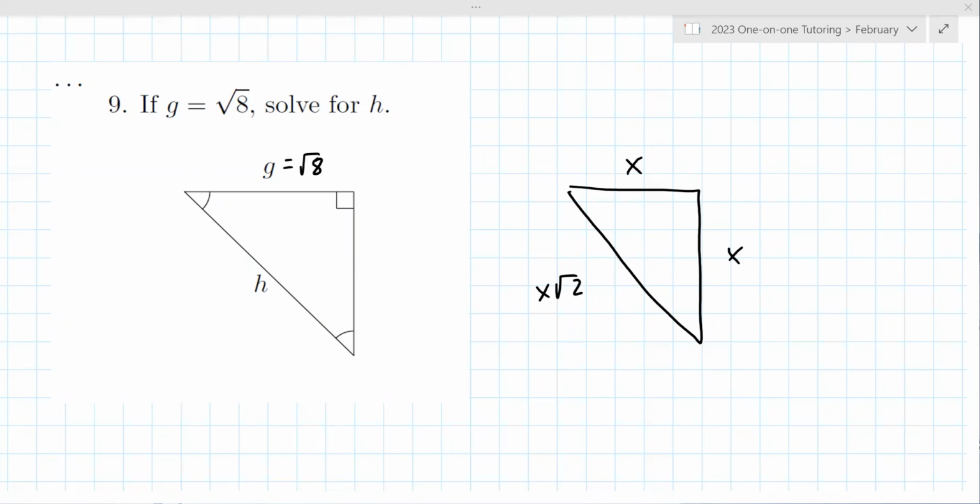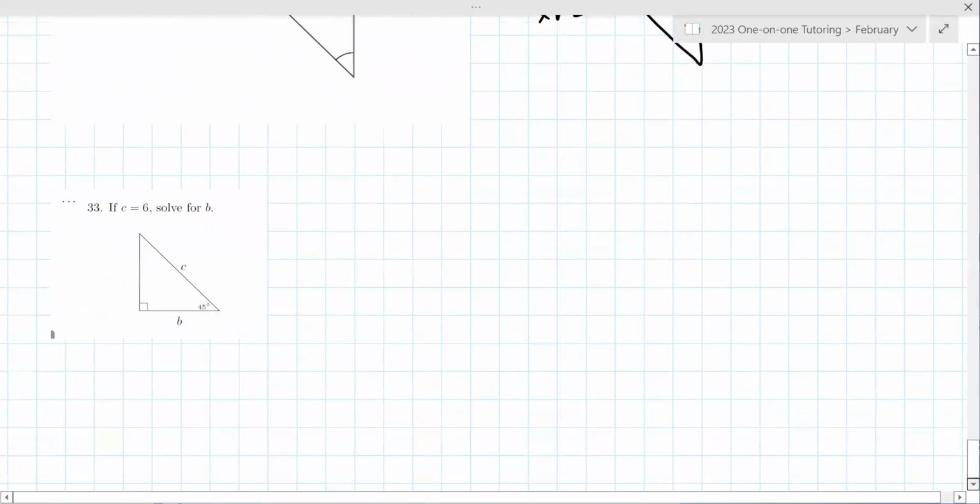Okay, so go in the other direction. This one I think is the harder one. If they give you the hypotenuse, what do you do? Let me grab one of these that's like that. The 45, 45, 90 are substantially easier than 30, 60, 90, but you still have to know what to do when you see one like this.